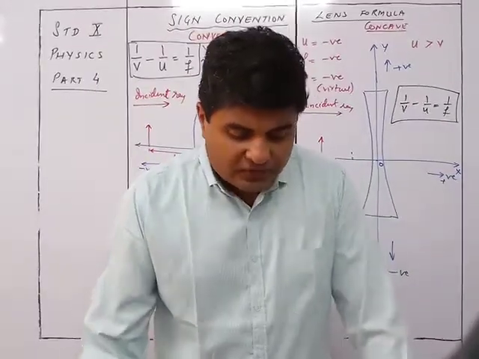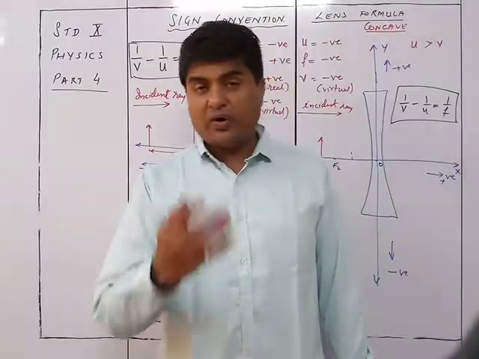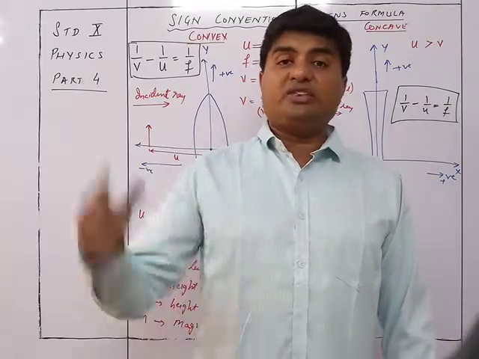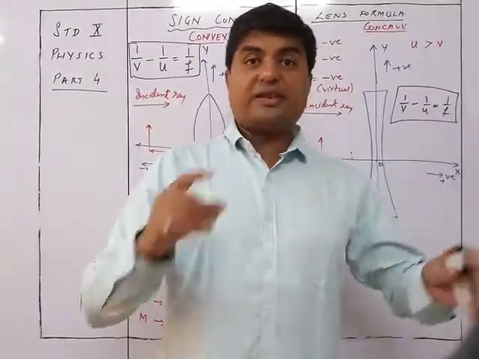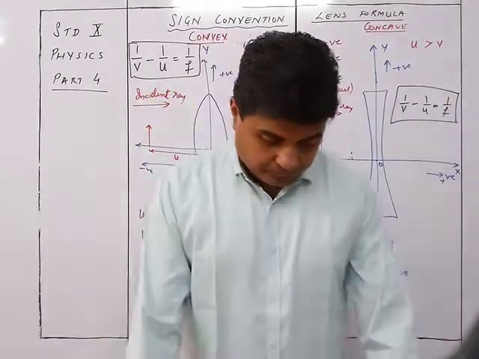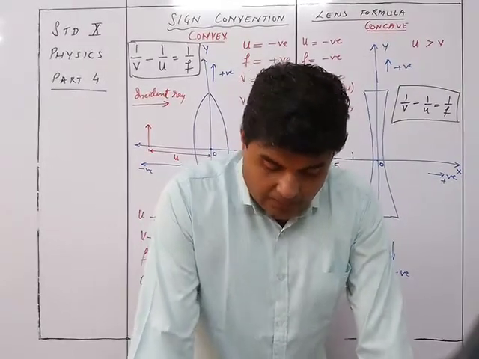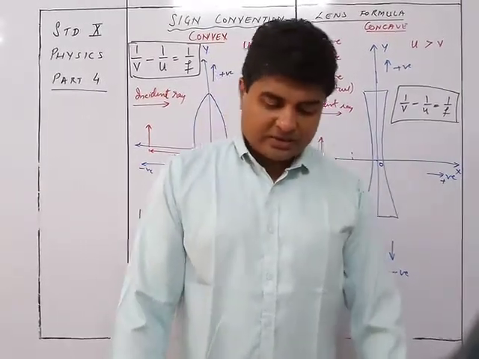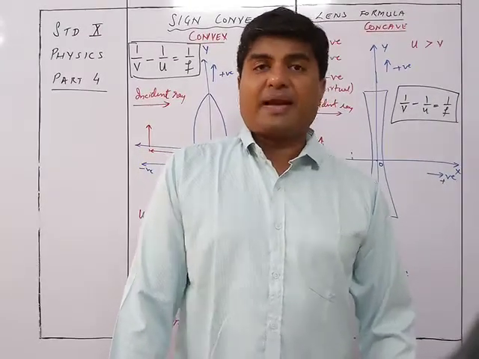So when the position of the object changes, there is a change in the position as well as the size of the image. We have already seen that whenever there is a change in the position of the object, the position of the image also changes, and accordingly even the size of the image changes. The ratio of the length of the image I perpendicular to the principal axis to the length of the object O is called the linear magnification.